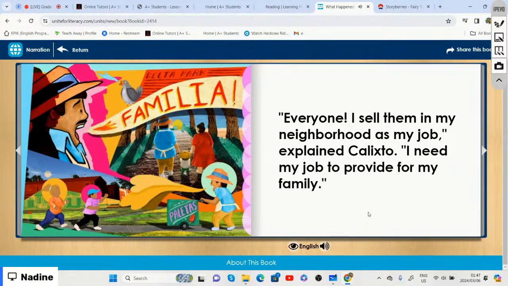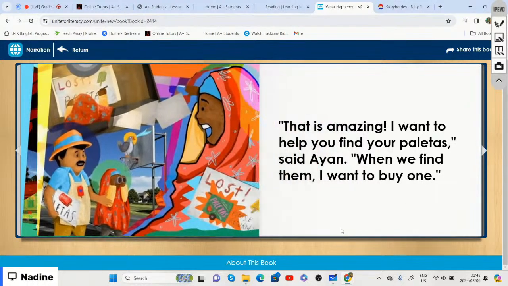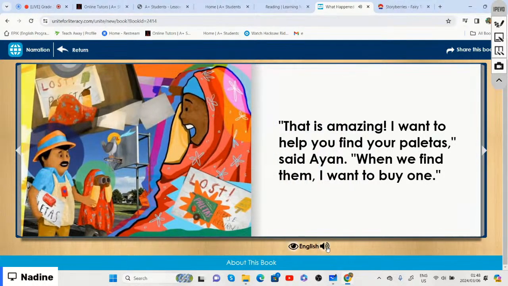Everyone! I sell them in my neighborhood as my job, explained Calixto. I need my job to provide for my family. That is amazing! I want to help you find your paletas, said Ayan. When we find them, I want to buy one.